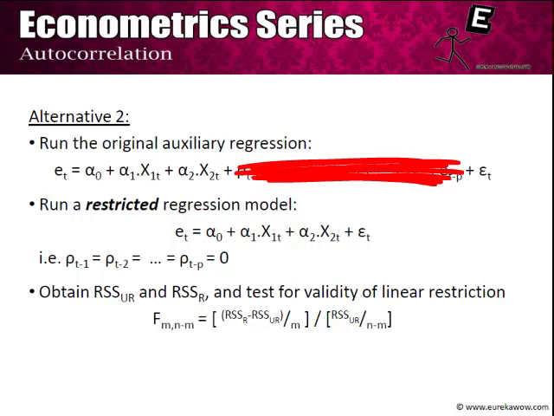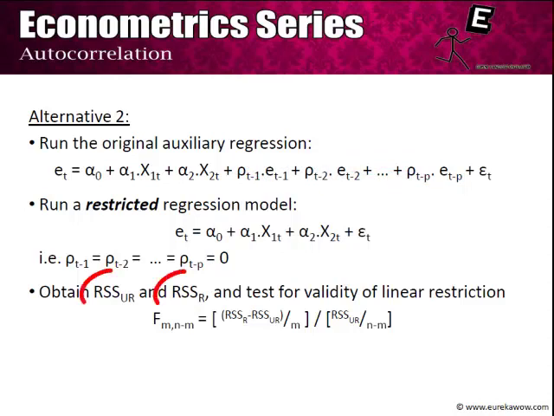Hence, after we have run this original auxiliary regression and the restricted regression model, we can obtain the residual sum of squares or RSS and then test for the validity of the linear restrictions as we have previously done in other modules. The test statistic is a rather familiar one, in which in the numerator we have the difference between the residual sum of squares in the unrestricted and the restricted model, which we divide by the number of linear restrictions m, and then we divide this numerator by the denominator, which is given by the residual sum of squares in the unrestricted model divided by n minus m, where n is the sample size and m is the number of linear restrictions.